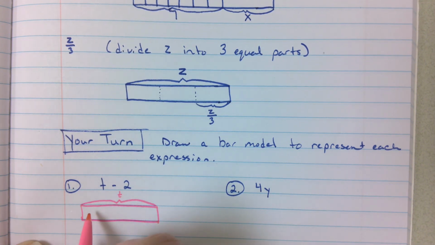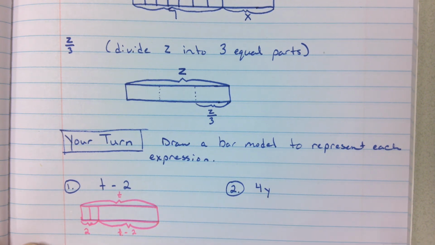And then we need to get 2 out of there, right? So this is my 2. Okay, so I've taken 2, and what's left, this is t minus 2.